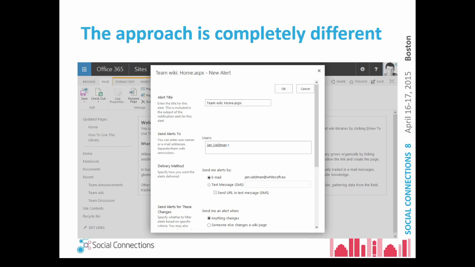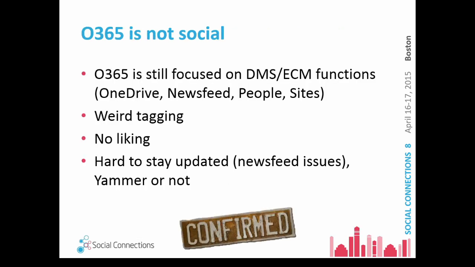There are many interesting and nice functions within Office 365, but in general, the tool is not social. It's still focused on document management or maybe enterprise content management. And regarding the social function, there is fair tagging, almost no liking, and for users it's very hard to stay updated using Yammer or not.